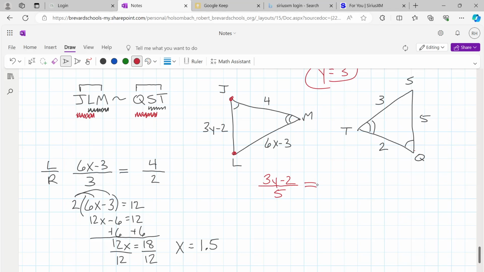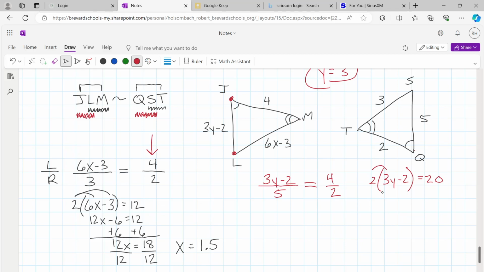Now, this makes the second problem easier if you're still using the same two shapes. This 4 over 2 was a legitimate ratio. It's still a usable ratio. You've got two numbers in there and you're solving for a variable, so use the 4 over 2 again. So again, we got 2 times 3y minus 2, and it's equal to 5 times 4, which is 20.